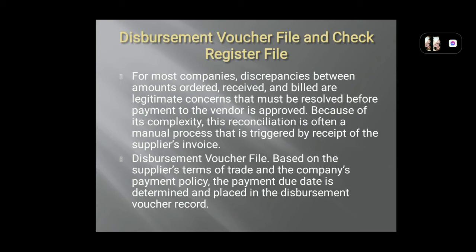The disbursement voucher file provides two important pieces of information for the auditor. One, it is a record of the timing and amount of vendor invoices received. And second, at any point in time, the open items or unpaid vouchers in the file constitute the company's outstanding accounts payable balance.